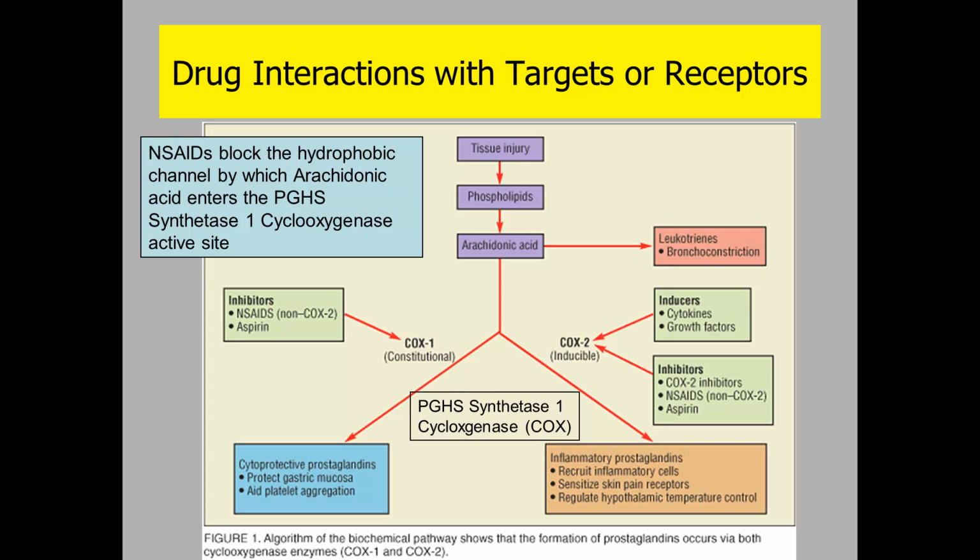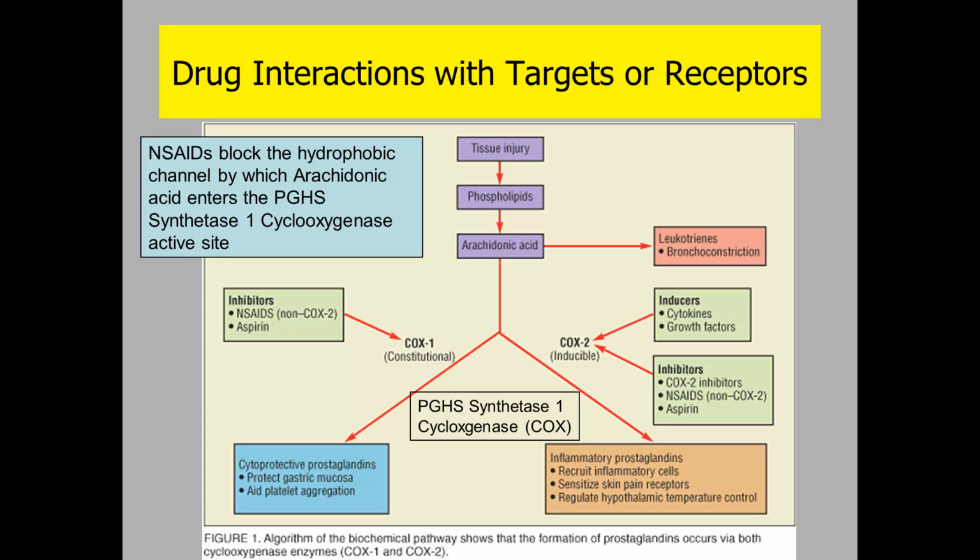The COX-2 pathway is also affected by the NSAIDs and the aspirin. But COX-2 is an inducible enzyme pathway. Some of the inducers of the COX-2 pathway are cytokines and growth factors. Aspirin, in addition to being a COX-1 inhibitor, is a COX-2 inhibitor.